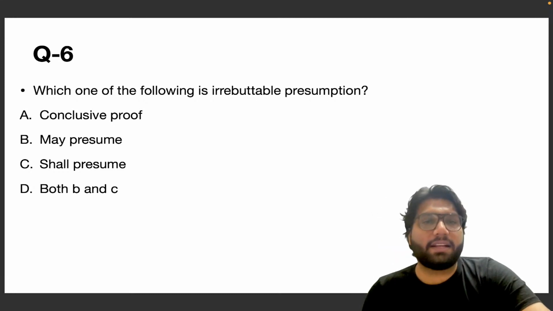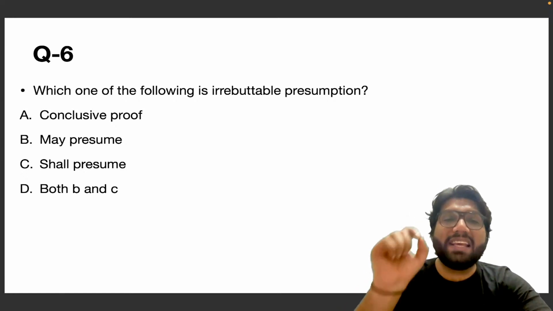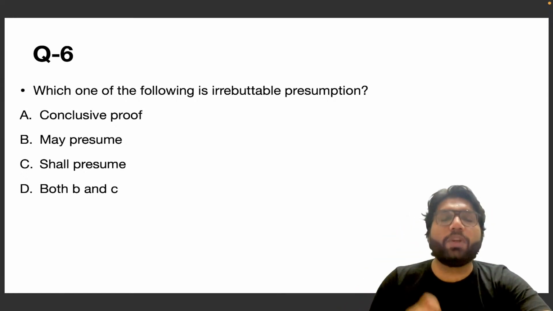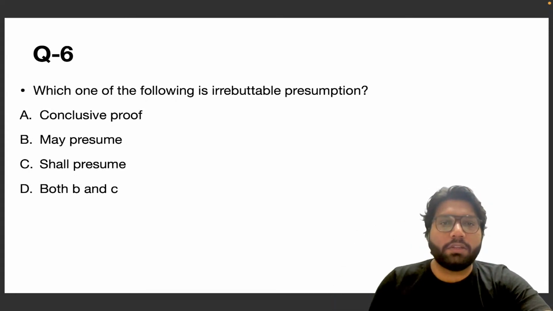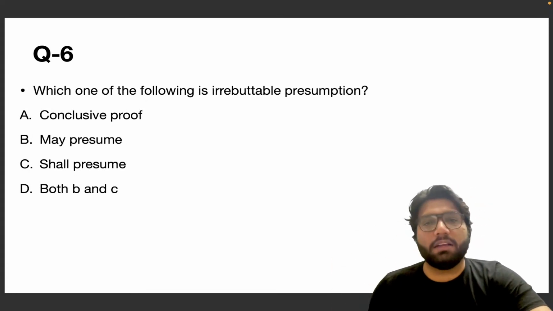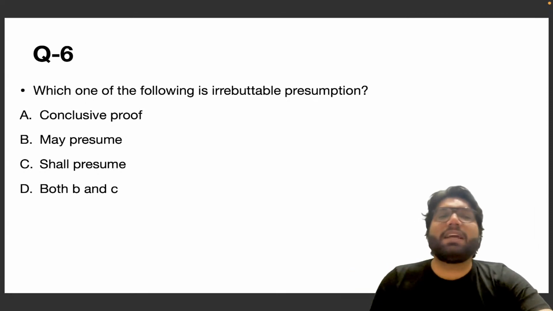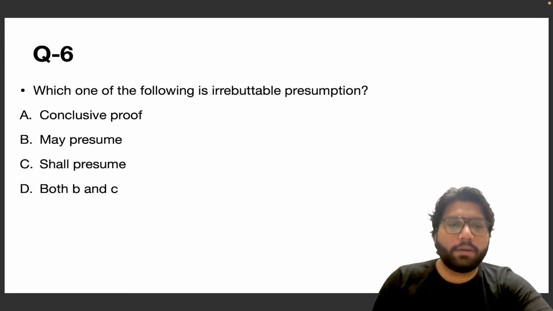A is the correct answer, students. The question was which one of the following is irrebuttable. Irrebuttable here means which cannot be rebutted. जिसको rebut नहीं किया जा सकता. ठीक है? So the answer is conclusive proof. Okay?